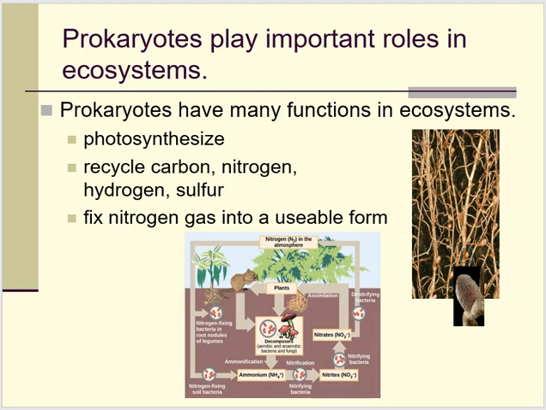Carbon cycle, nitrogen, hydrogen, sulfur, bacteria are involved in all of those cycles. Mainly the nitrogen cycle, turning those nitrites that are in the ground into nitrates that the plants can use, which we can eat or we can get oxygen from, and then we return it all back to the ground. You know, the big cycle of life.